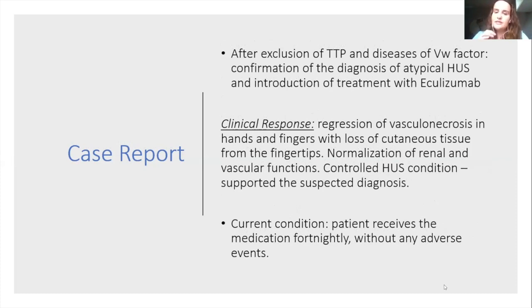His clinical response was regression of vascular necrosis in hands and fingers with loss of cutaneous tissues from the fingertips, and also a normalization of renal and vascular function that supported the suspected diagnosis. His current condition is that the patient receives the Eculizumab without any adverse events.